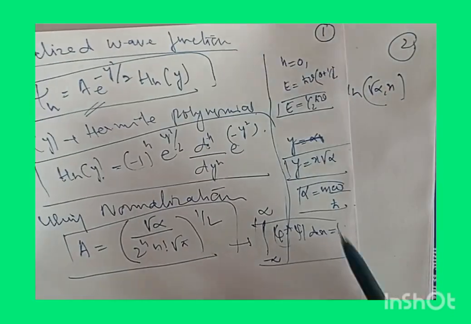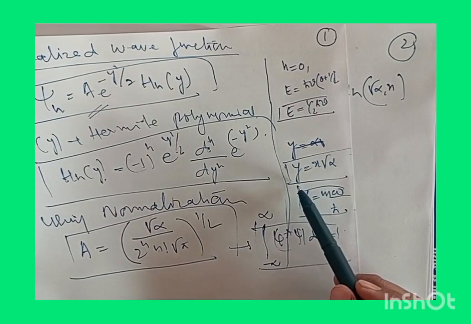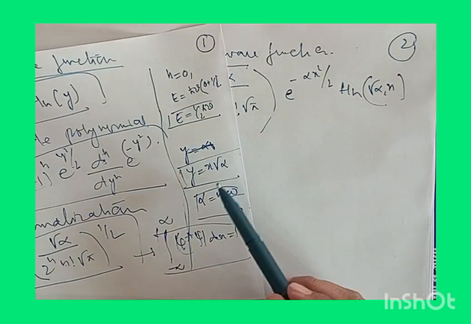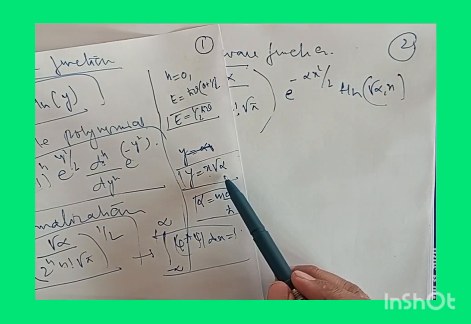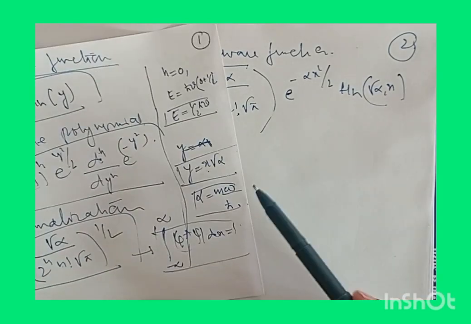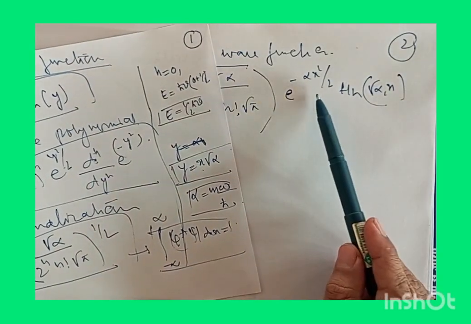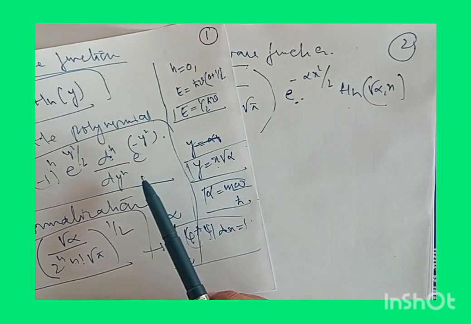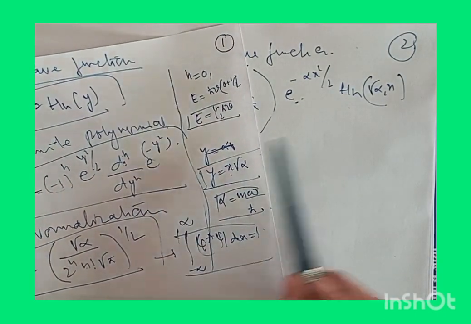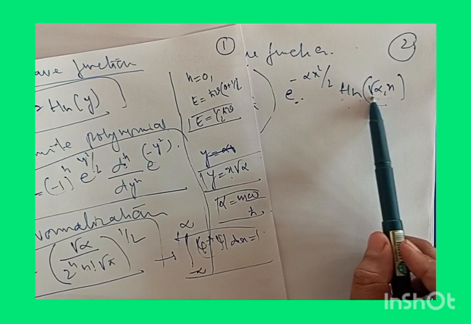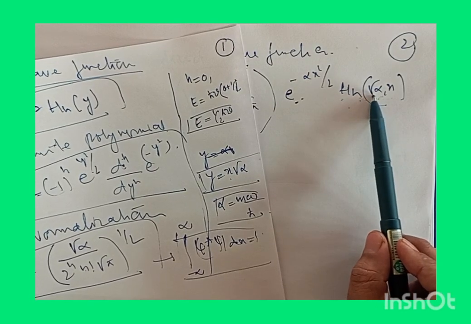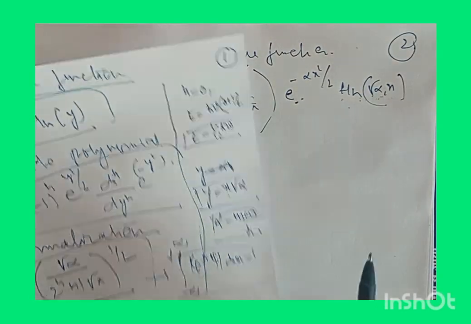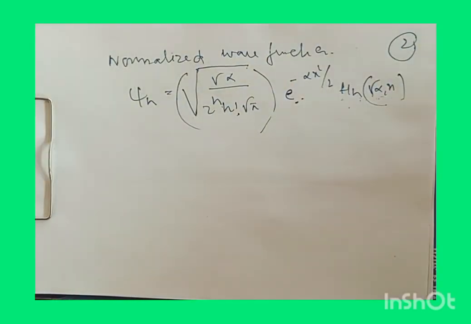What we have done is used this transformation: instead of y, we have used x under root alpha. That's how we have got this term over here, and this Hermite polynomial is a function of y, so instead of writing y, we have written it in terms of alpha and x.